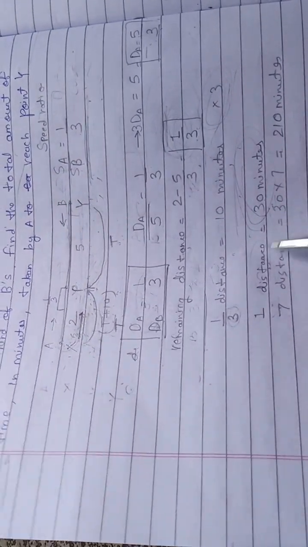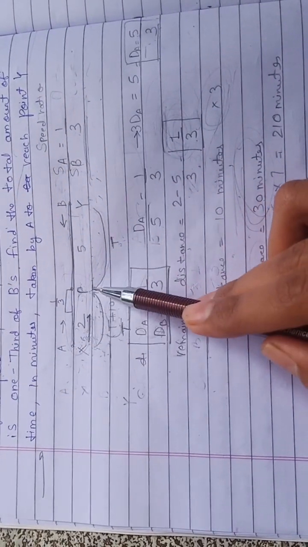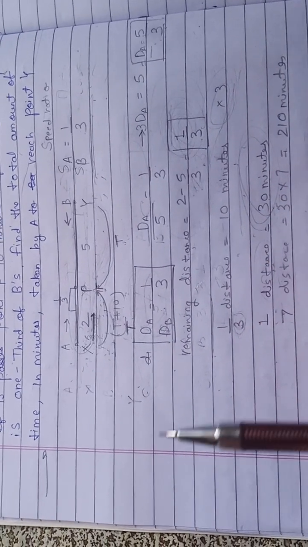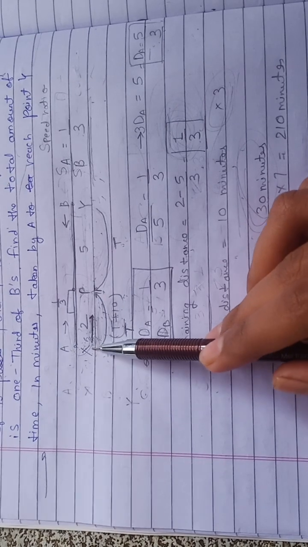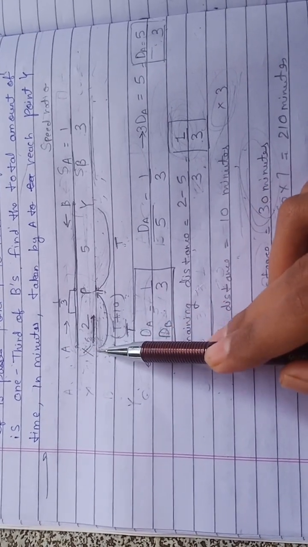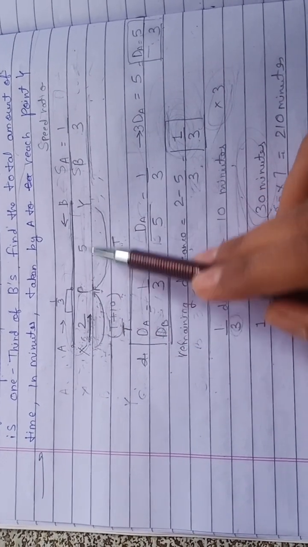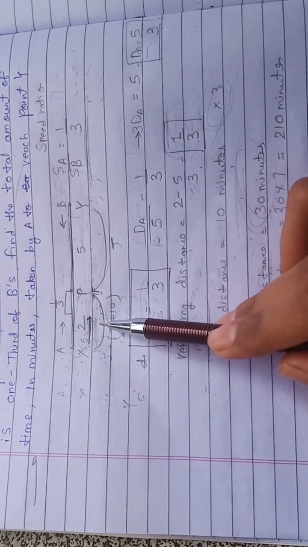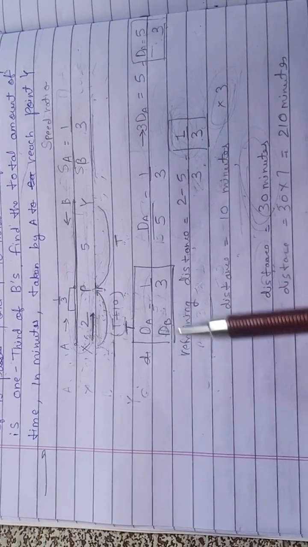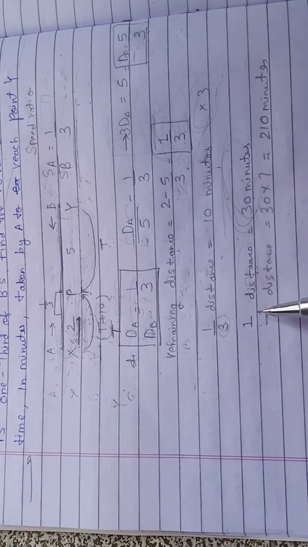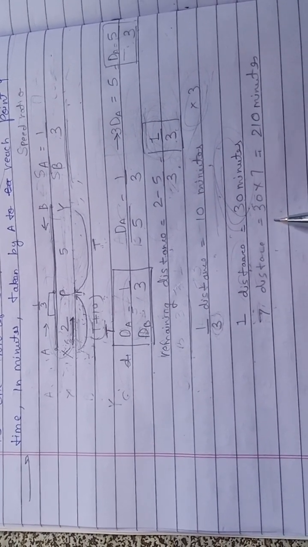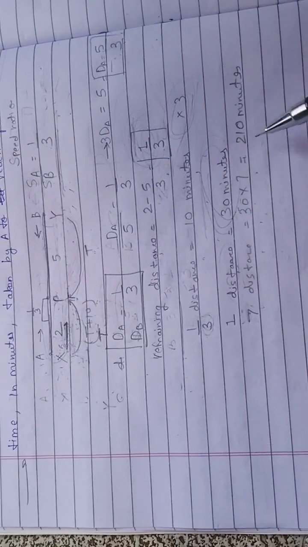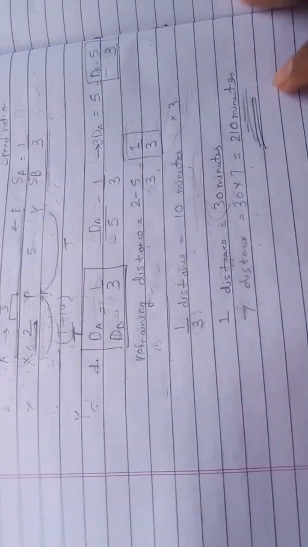But the question asks how much time A will require to travel from X to Y. So how much is it? 5 plus 2, 7, right? We just have to use the unitary method. 7 distance is equal to 30 into 7, 210 minutes.